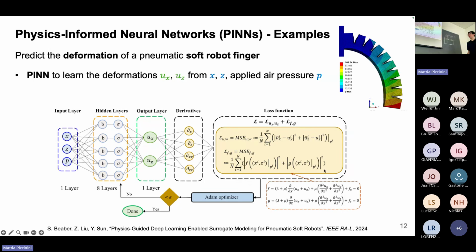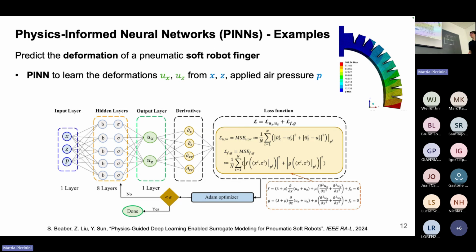Then we encode everything in the loss function. All the derivatives appear in the loss function, and we want to minimize this loss function and train the parameters of this neural network. By doing so, we are finding solutions of the differential equation or the PDE.